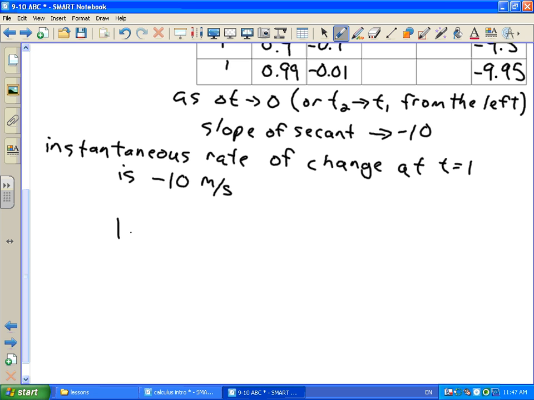The limit, as delta t tends to 0, as we make that time difference smaller and smaller, of delta s over delta t, or our change in position over a change in time, is equal to -10. So let's just say we can express this as a limit.